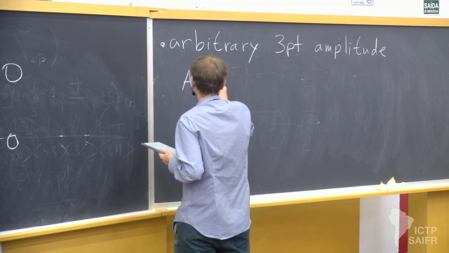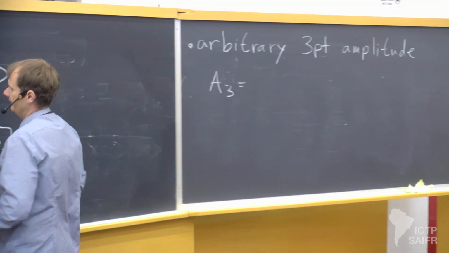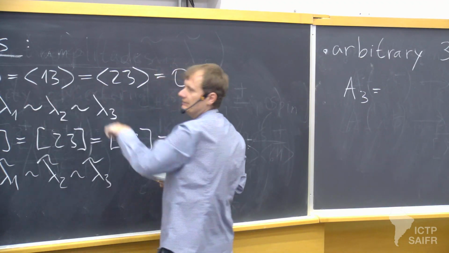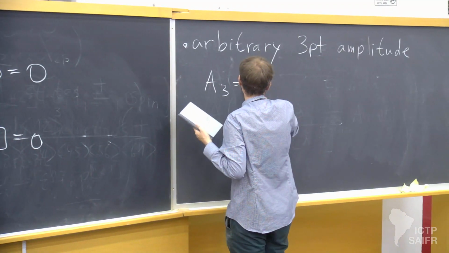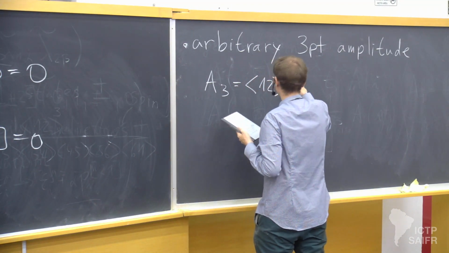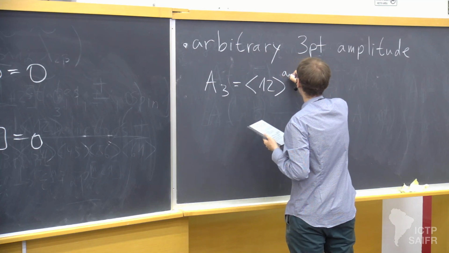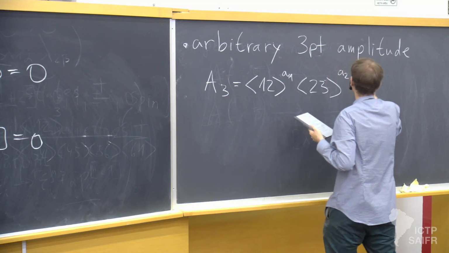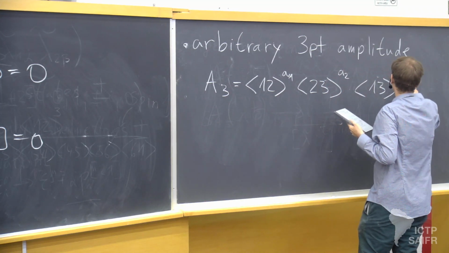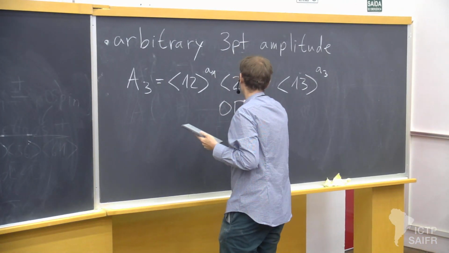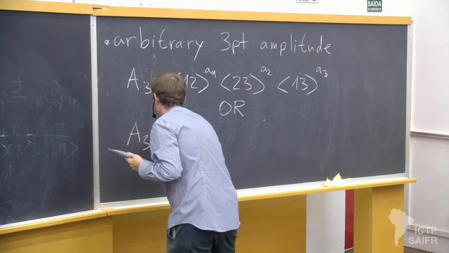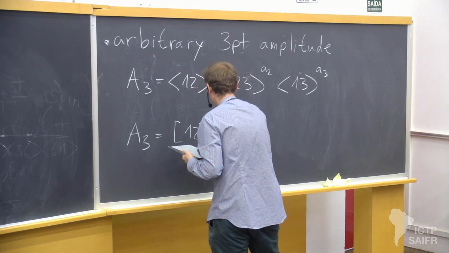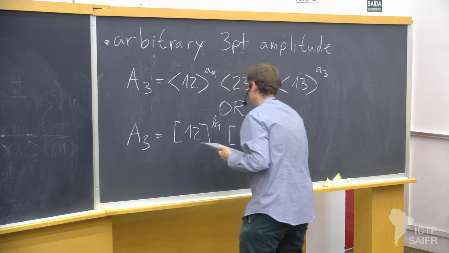Either it's built only from the angle brackets, this is this solution because the square brackets are 0. Or it's built only from square brackets. So it either has this form, or it has this form. We haven't assumed anything yet. We're just solving 3-point kinematics, nothing else.